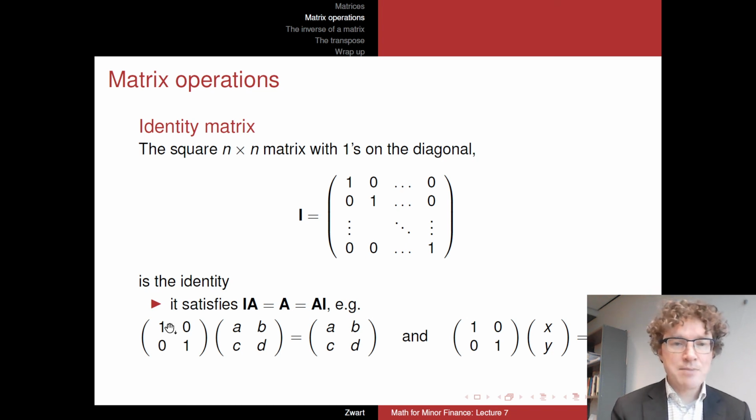So here's an example. So here's this identity matrix in 2 dimensions, so it's a 2 by 2 square matrix. If I multiply it by any other regular 2 by 2 matrix, what do we get?